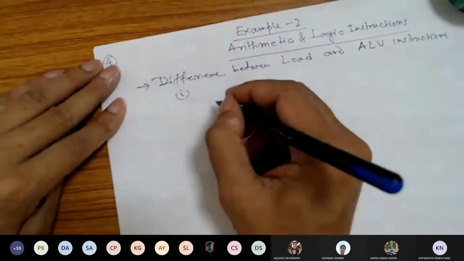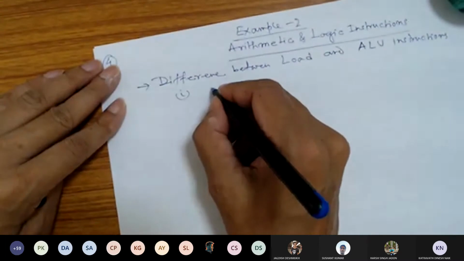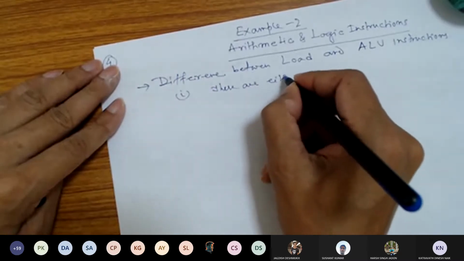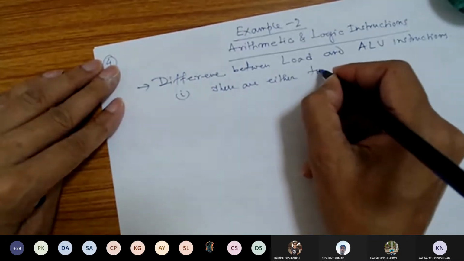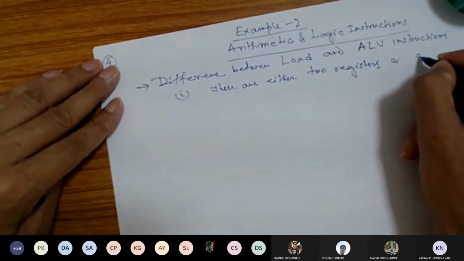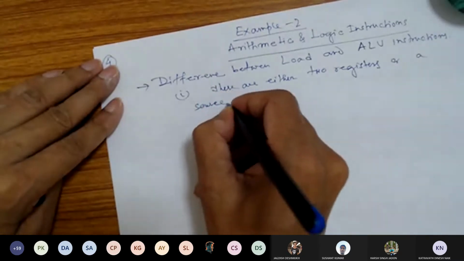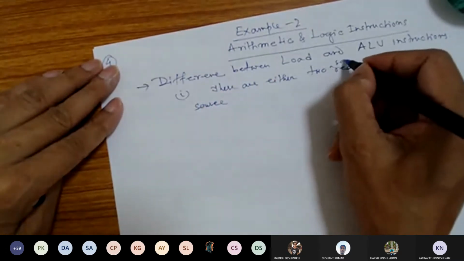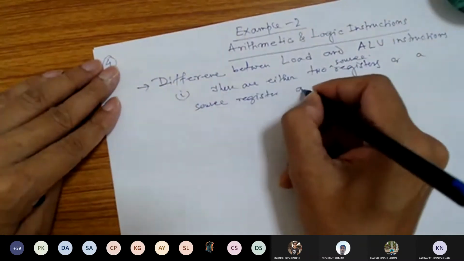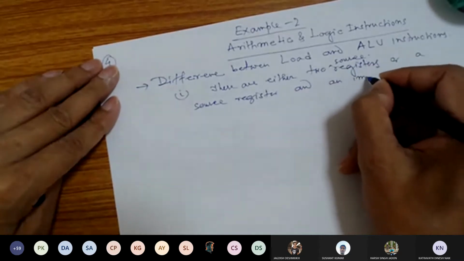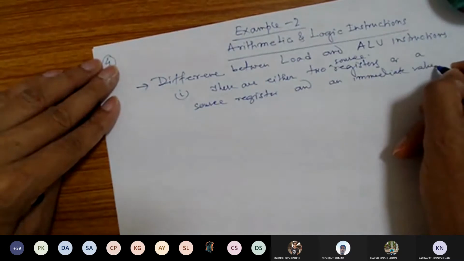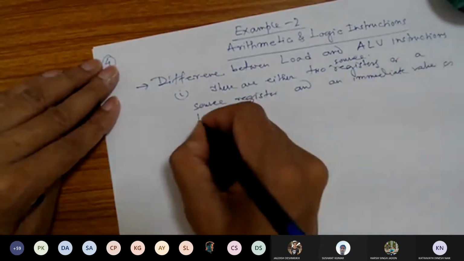What can be identified here? First of all, there are either two source registers, or a source register and an immediate value, as the operands.